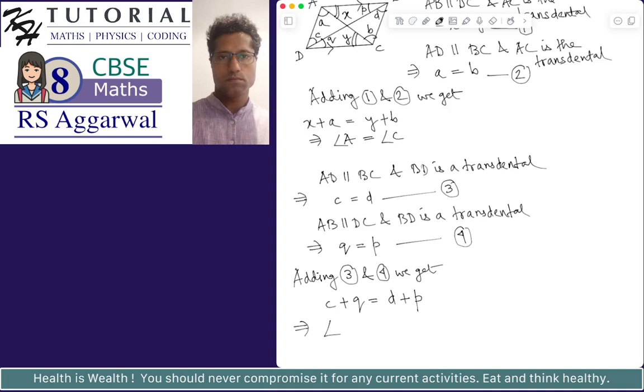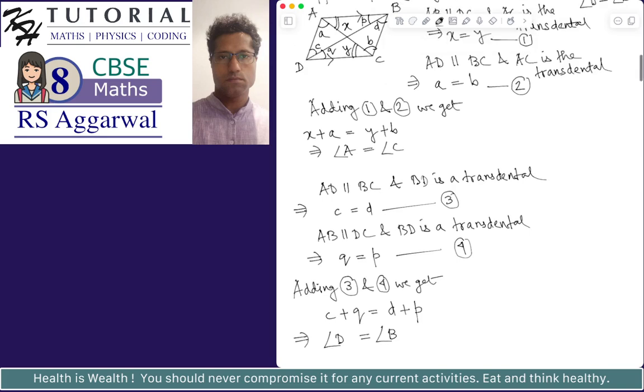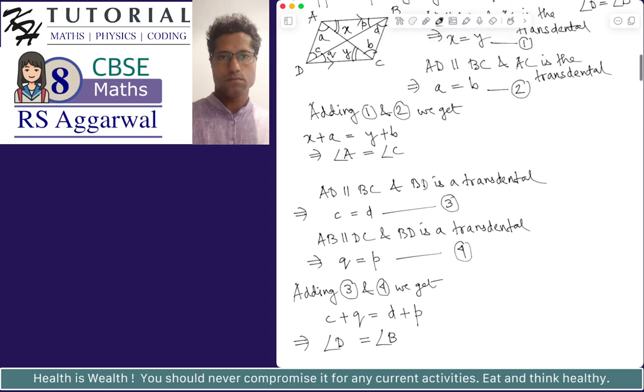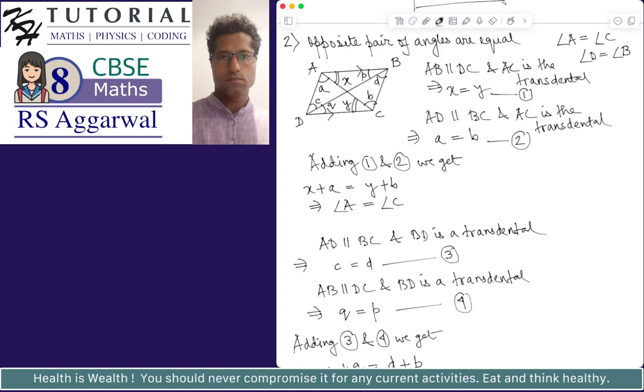It is angle D. And what is angle D plus P? It is angle B. So we have proved that angle D is equal to angle B, and D and B are opposite pair of angles. So it is proved that the opposite pair of angles are equal in a parallelogram.